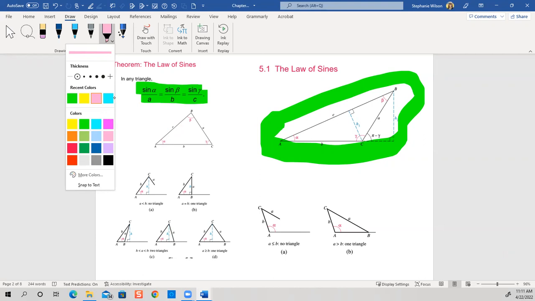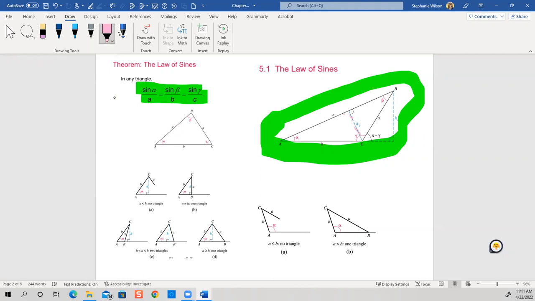We have height 1 here, then height 2. It's showing you how to find this angle, gamma, then beta and alpha, and it's labeled little a, little b, little c, and then you can find the area of it.